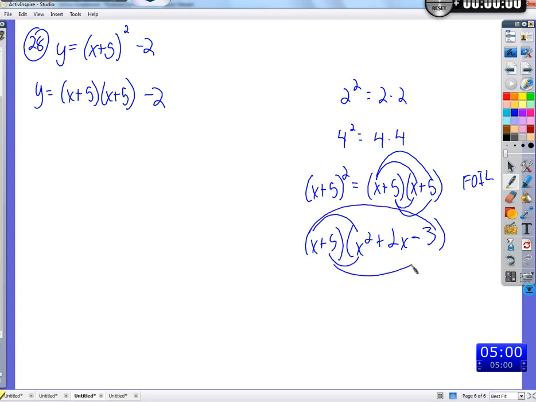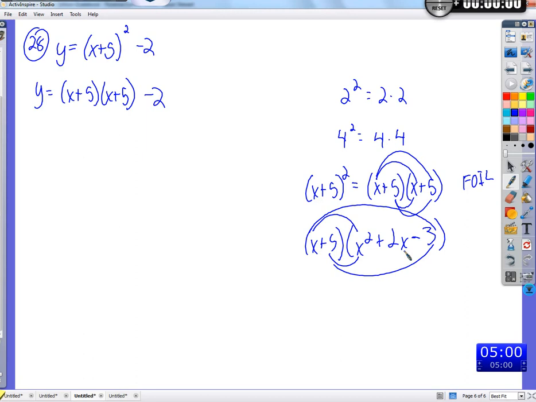Insides and lasts. Notice nothing was ever multiplied by 2x if we just follow FOIL. Okay, FOIL's a mnemonic device. It helps us out for the level of difficulty that we were having in Algebra 1 to multiply two things together like this. But in Algebra 2 and beyond, we're going to be multiplying bigger polynomials together. That's what these are called. And FOIL just doesn't do it all.